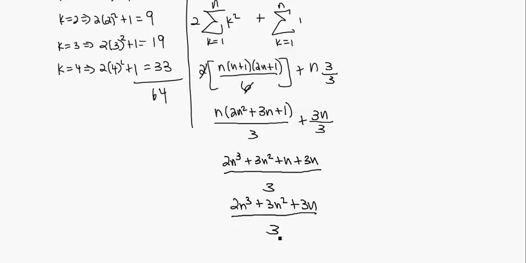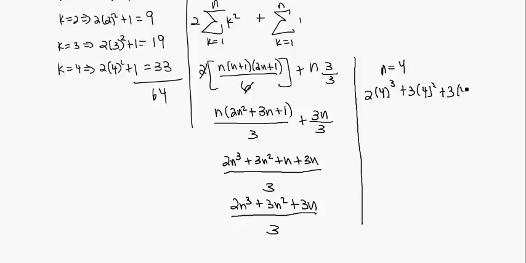So now this will determine the sum on this expression for any number of terms. So when I have 2k squared plus 1, if I want to find out the sum, I can just plug this in if I know how many terms we're talking about. Well, in this case, we're talking about 4. So when n equals 4, I plug this in here, I get 2 times 4 cubed plus 3 times 4 squared plus 4 times 4, all over 3.